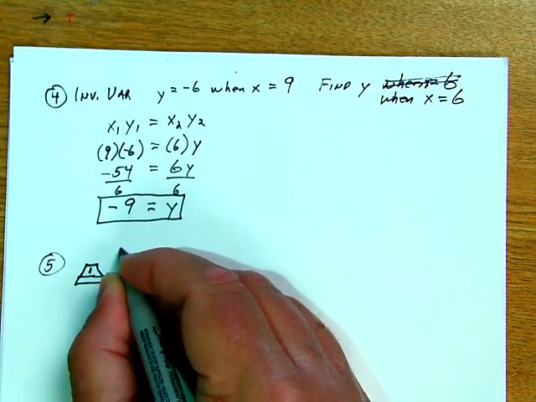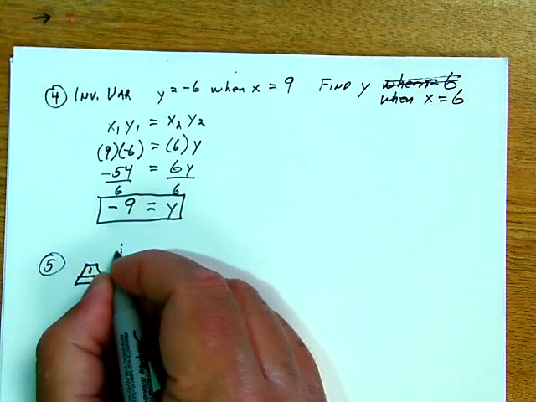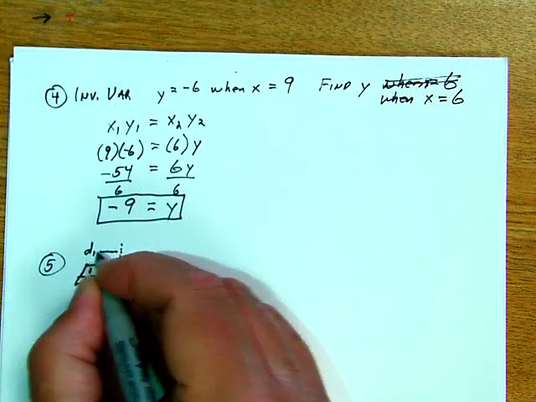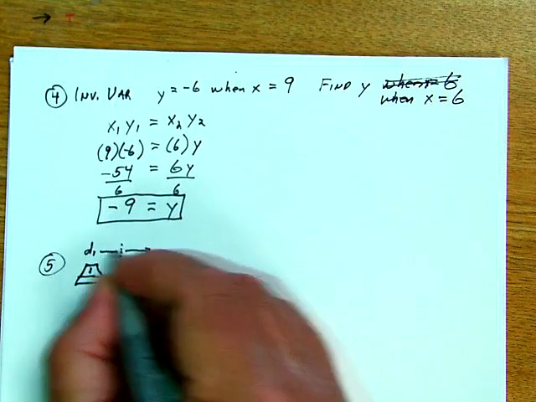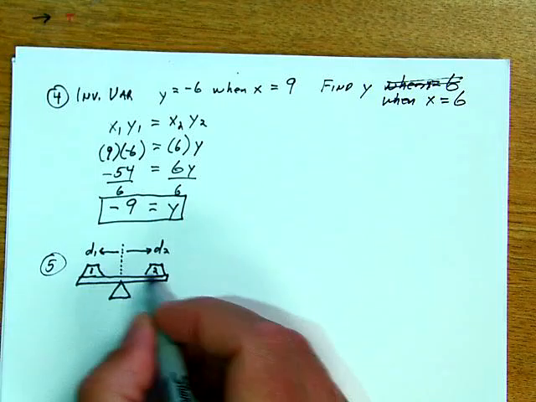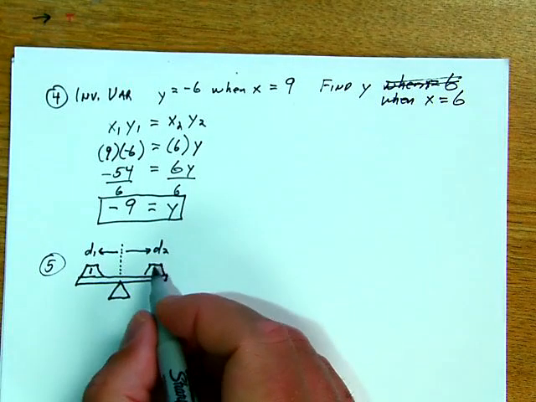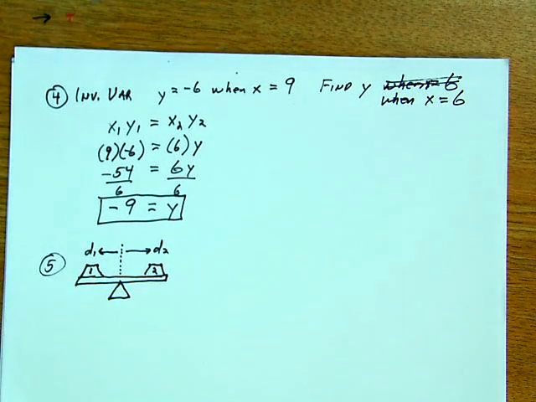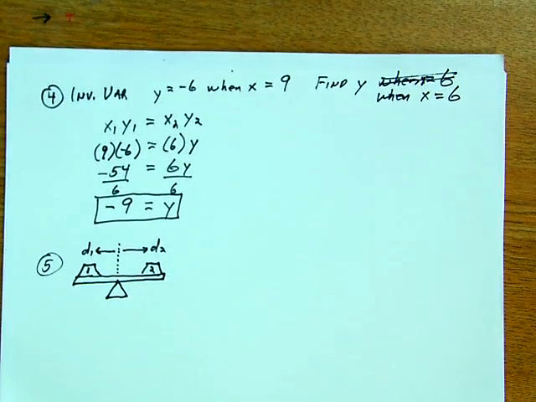And coming from the middle, the fulcrum, I have a certain amount of distance, distance 1 that way, or distance 2. So I have weight 1 and distance 1, and distance 2 and weight 2. And they're balanced. And these things are inversely proportional.